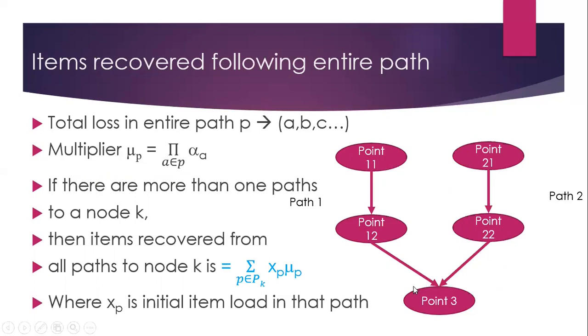So the quantity received by point 3 is the summation, over all the paths reaching this point 3, of the initial quantities on each path multiplied by the multiplier. So this is the quantity which reaches point 3. It is the summation of quantities through all the paths reaching that particular point.